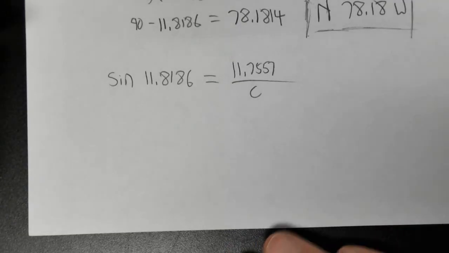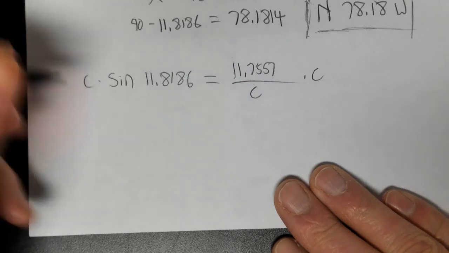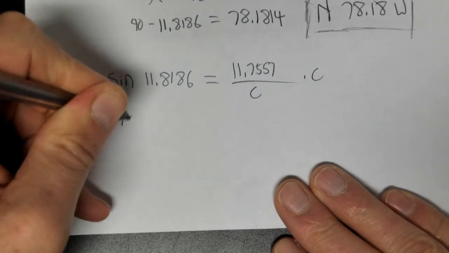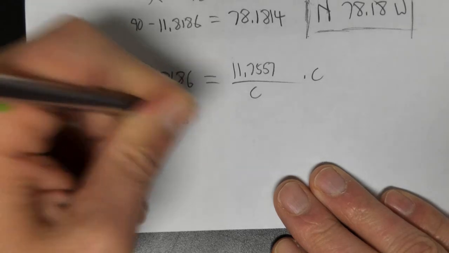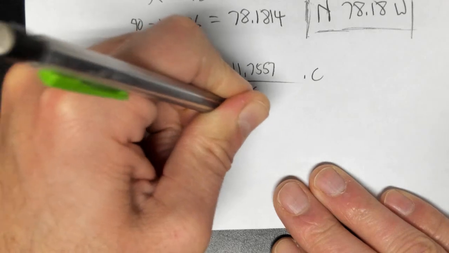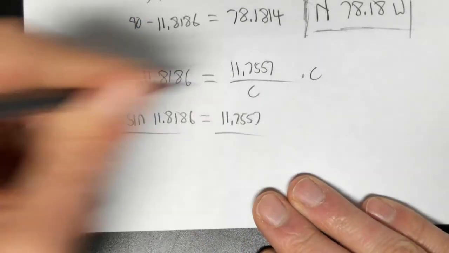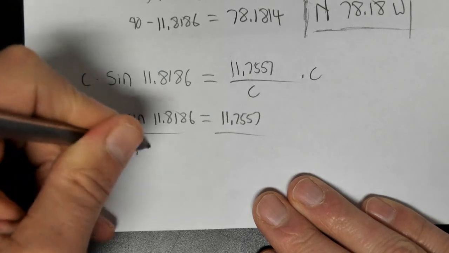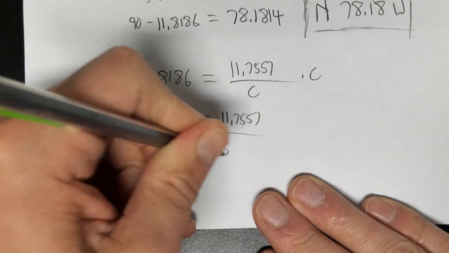To finish this, I'm going to multiply both sides times C and get C times the sine of 11.8186 equals 11.7557. Now I'm ready to divide both sides by the sine of 11.8186.